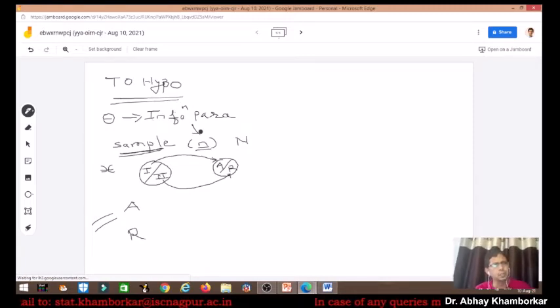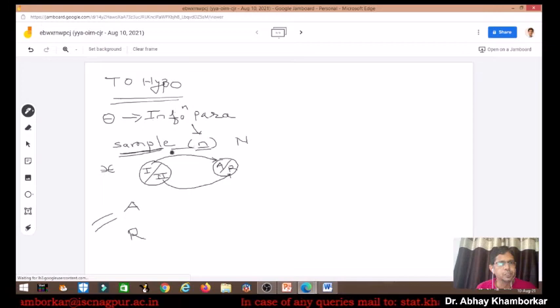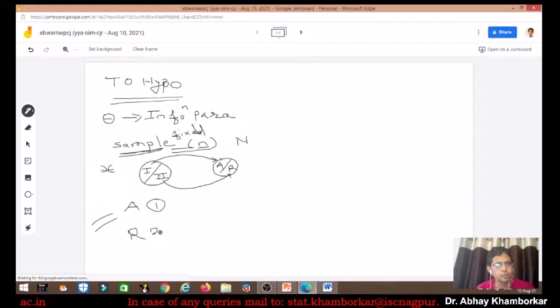So two main characteristics are here: one, the sample size n is fixed, and second, two decisions are possible, acceptance and rejection.